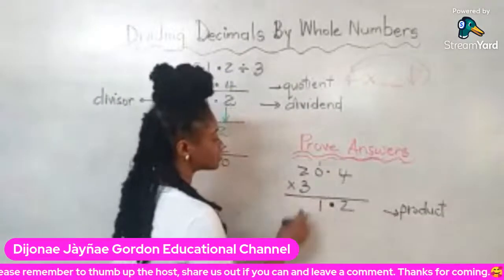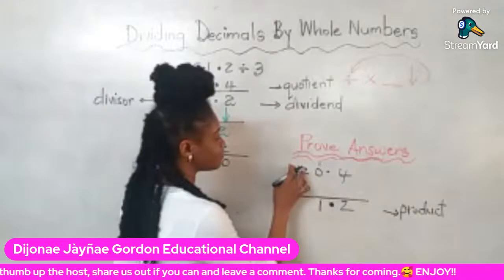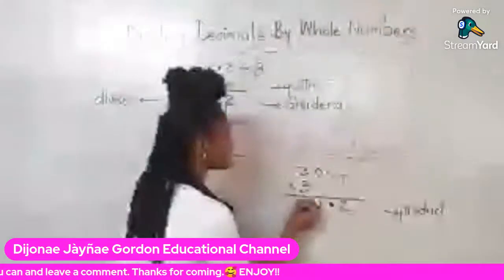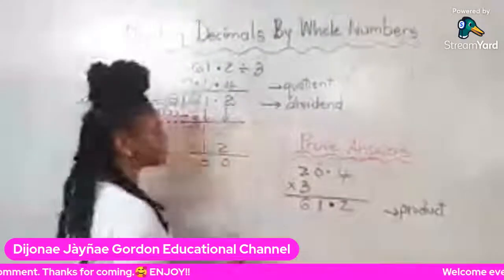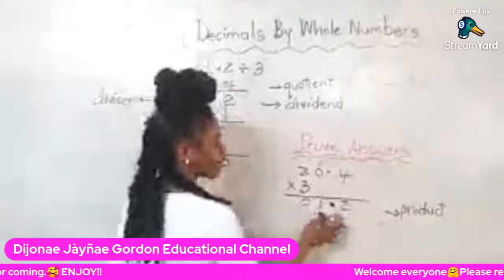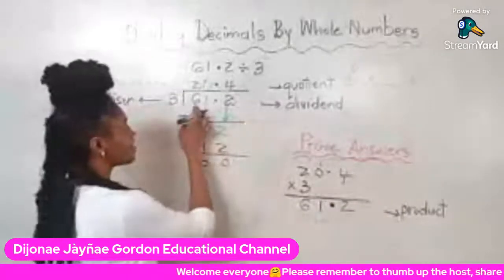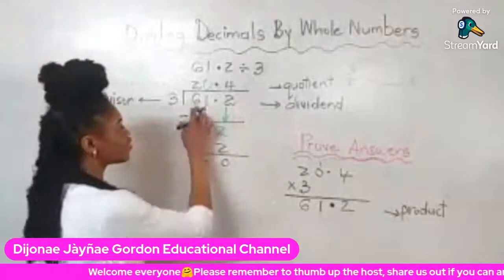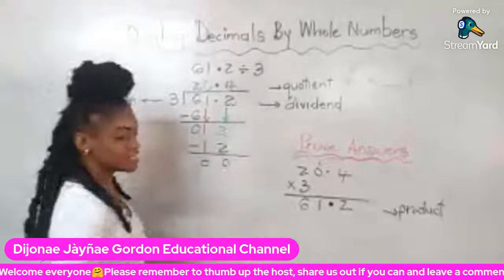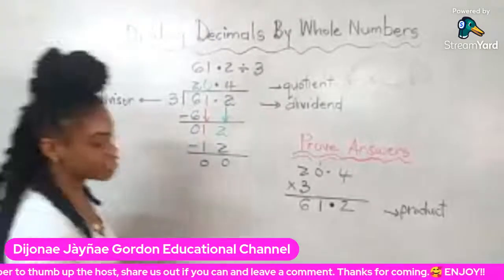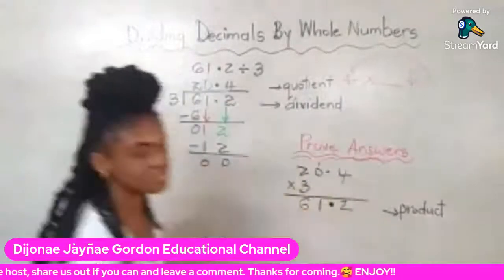And 3 multiplied by 2 is 6. Our product is 61.2, and it is the same as our dividend, 61.2. That tells us that our quotient for this problem is correct.